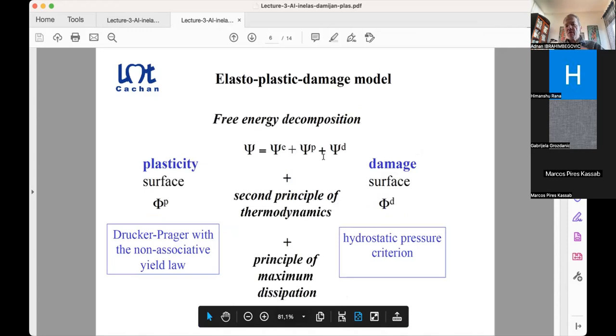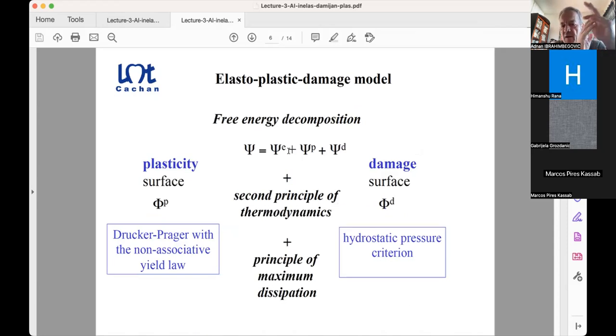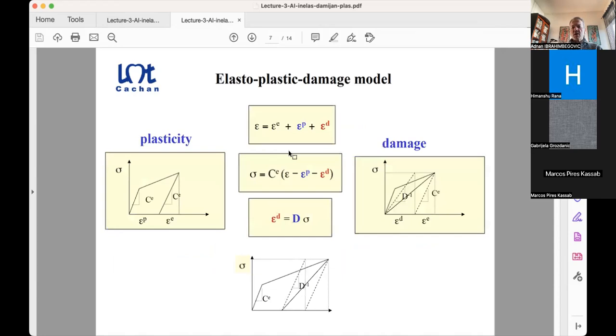Then we had to define the free energy as a sum of the contributions from the elastic part, plastic part, and damaged part. Then we already explained these two plasticity and damage criteria. Then we appeal to the second principle of thermodynamics to get the total dissipation and the corresponding evolution equations. That amounts to saying that here we have a total strain that is the sum of the elastic, plastic, and damage strain.